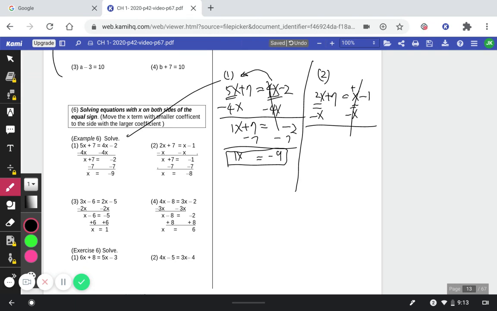So when you do that, x plus 7 equals negative 1. Now you continue regular solving of an equation by doing minus 7 on both sides. x becomes negative 8.